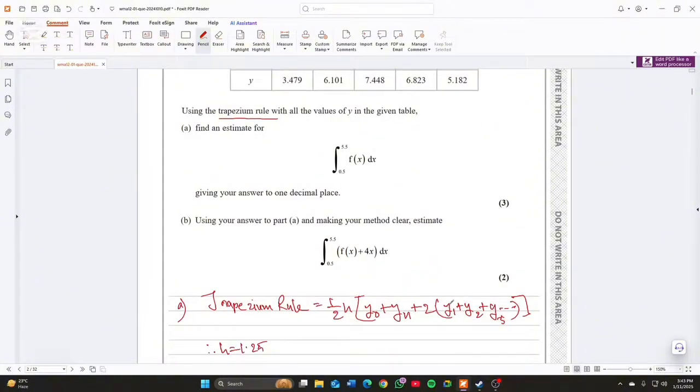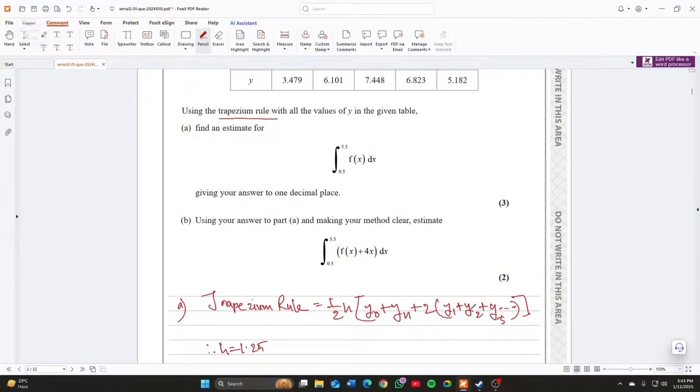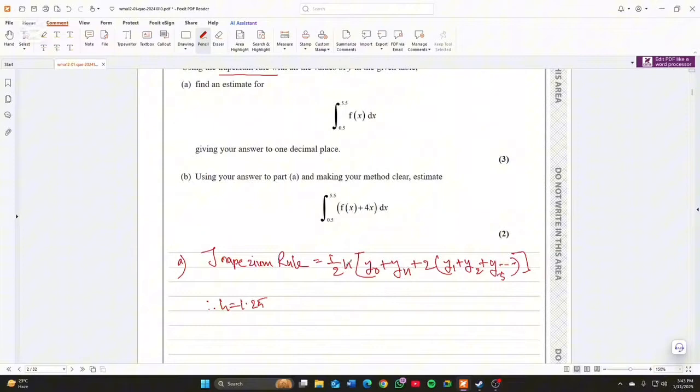Now y naught is the very first value of y, and yn is the last value of y, and the values in between will be summed up, multiplied by 2 and then added together.